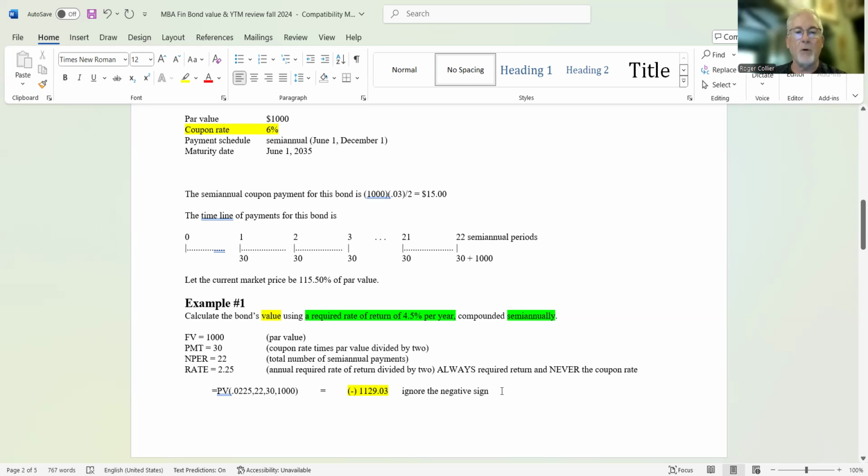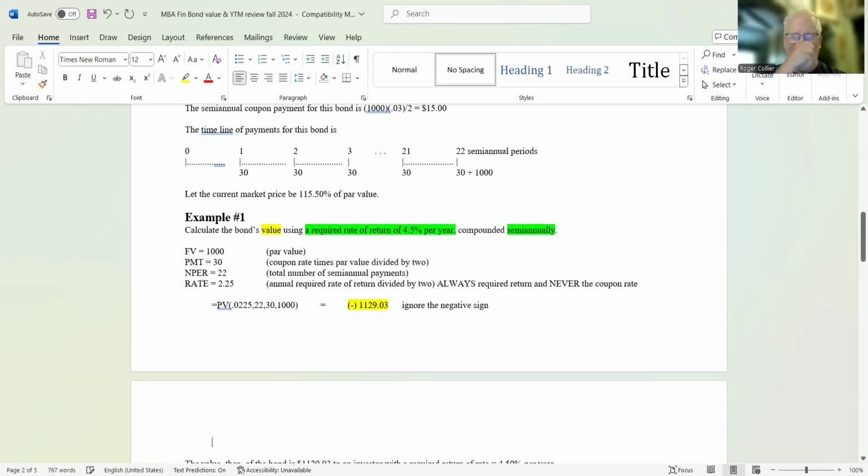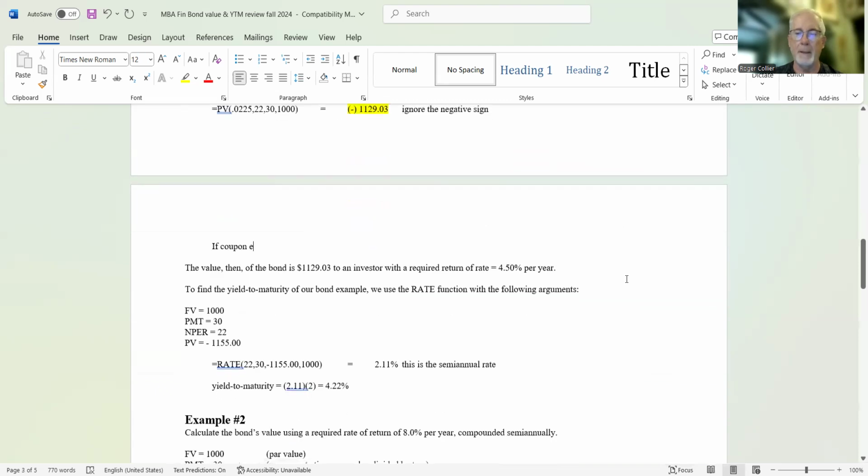And that's maybe worth noting here. If the coupon rate is greater than the required return, then value is greater than par.